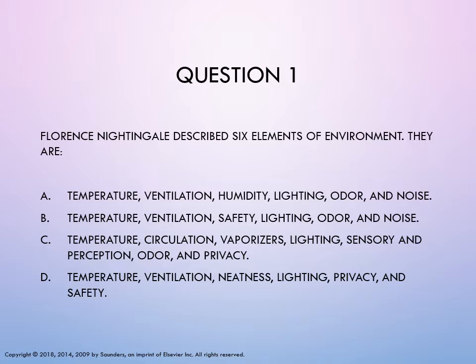Or is it D. Temperature, ventilation, neatness, lighting, privacy, and safety? Please post your response. The answer is A. Florence Nightingale describes 6 elements of environment, which are temperature, ventilation, humidity, lighting, odor, and noise. Let's move on.